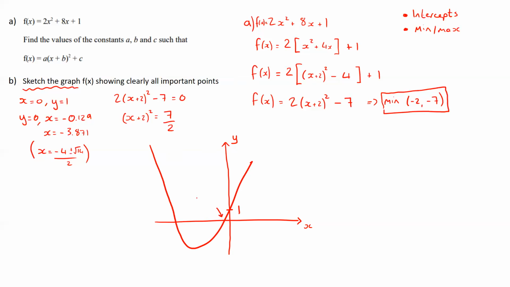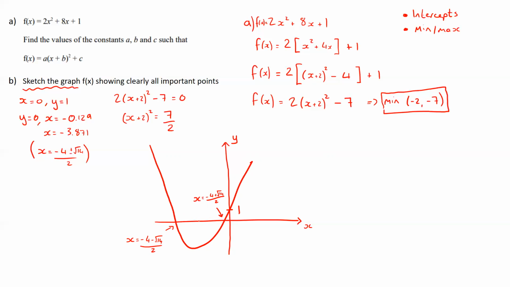This one is x is minus 4 plus root 14 divided by 2, or in other words, it is minus 0.129. And this point on this side, this is x is minus 4 minus root 14 divided by 2, or minus 3.871.